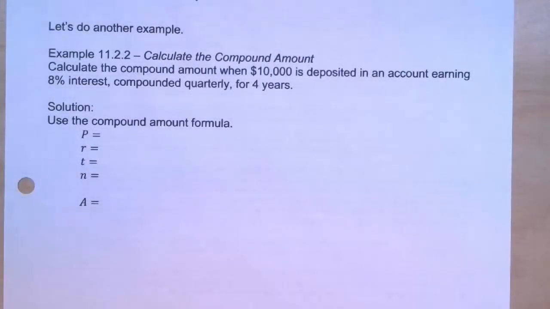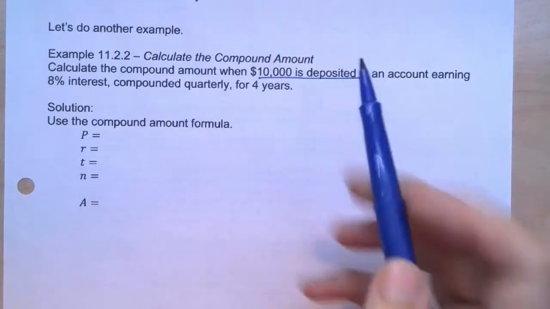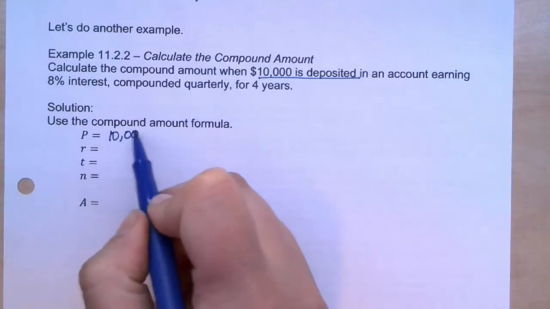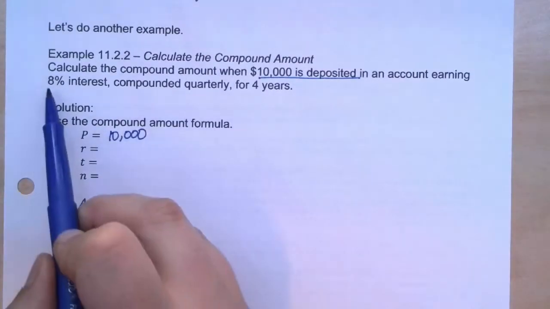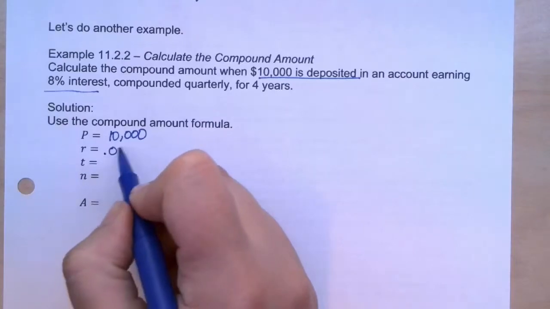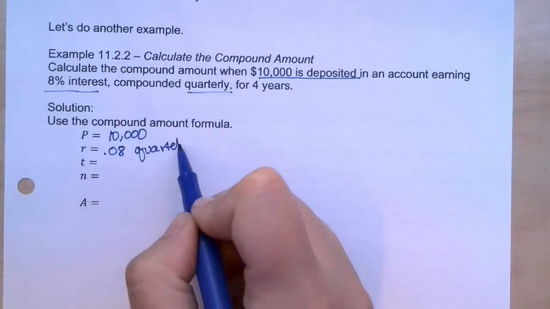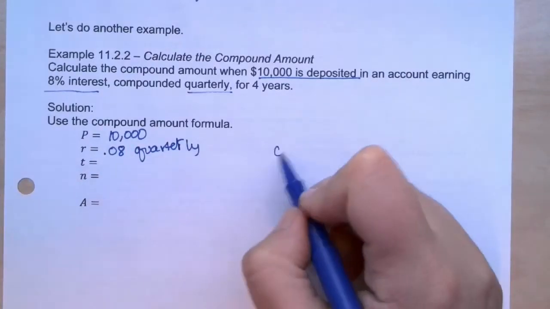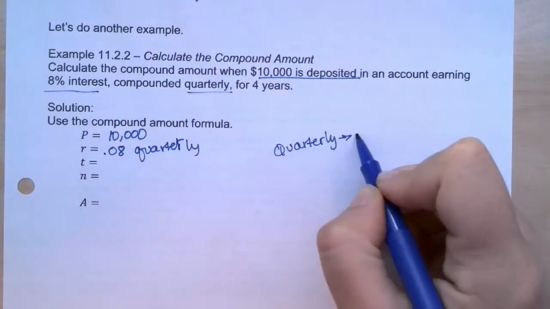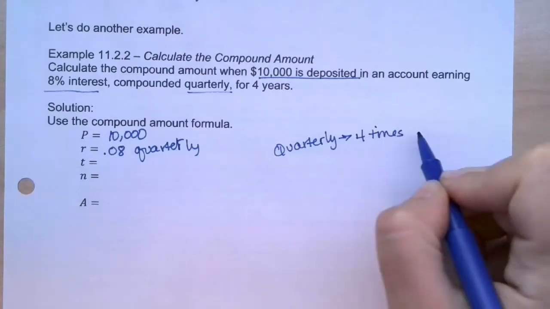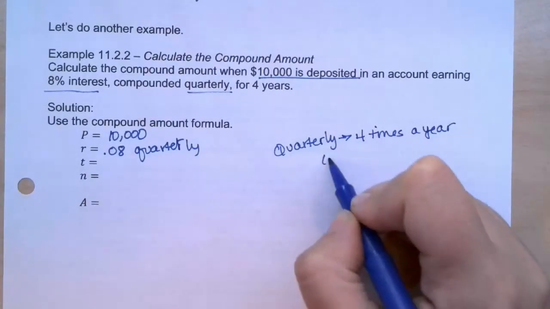Let's do it again so you can see how this works. So this time we're going to calculate when we have 10,000 deposited, so that's our P, and an account earning 8% interest, so R is 0.08, and then that's compounded quarterly. Okay. Quarterly means 4 times a year, every 3 months.